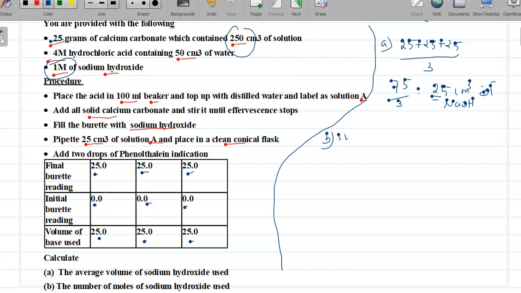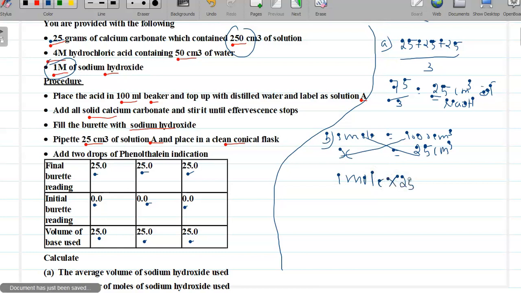Then therefore we say 1 molar is equal to 1000 centimeter cube. What about this 25 centimeter cube? We don't know. Then we do cross multiplication: 1 molar times 25 centimeter cube divided by 1000.